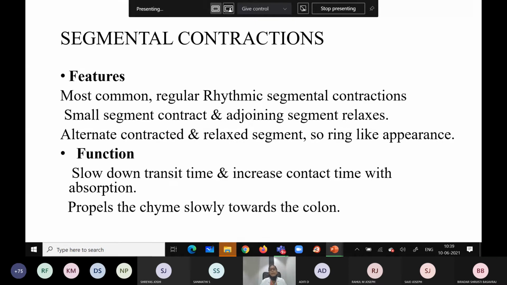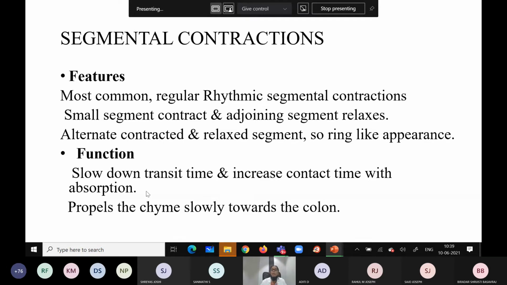So alternate contracted and relaxed segments, so a ring-like appearance is found. Okay, the function of these contractions is to slow down transit time and increase contact time of food with the mucosa, and they increase the absorption.